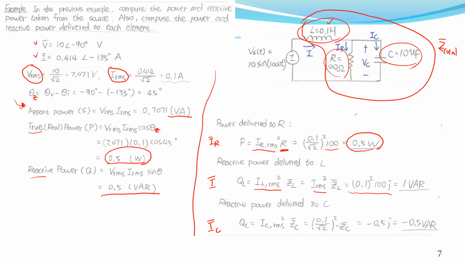We calculate them individually, but the summation, 1 VAR minus 0.5 VAR, is 0.5 VAR. So these two are the same. On the left is the overall power, and on the right is the individual power, and they should be the same.